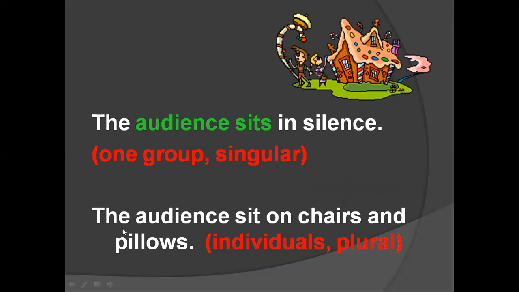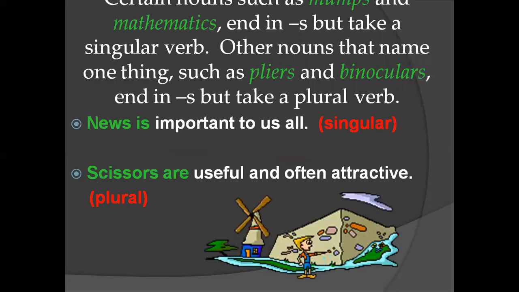And the next: the audience sit on chairs and pillows. It means the individuals, one by one, each person. So you should use sit in the plural form here. Here the audience doesn't take the s as well.